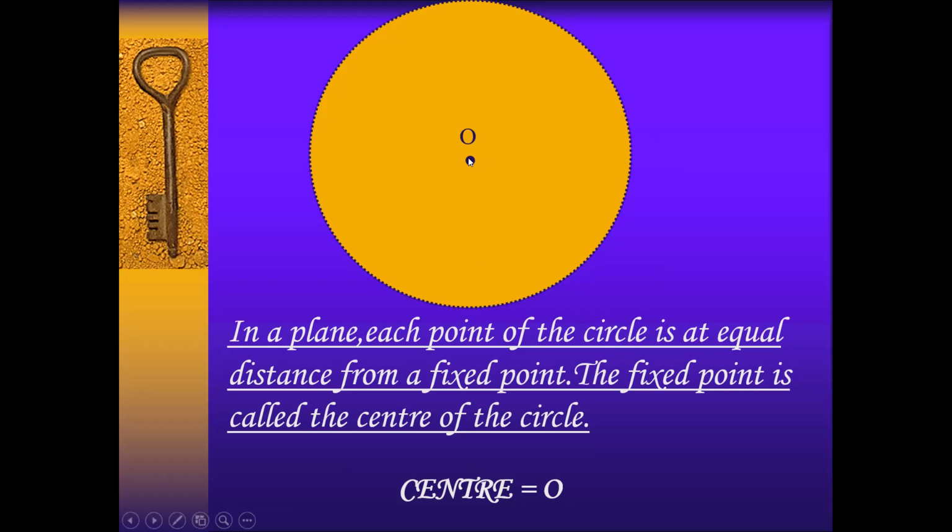The radius means the distance of any point on the boundary of the circle to the center of the circle, and that would be the same for every point on the boundary. That is why we can say that each point of the circle is at equal distance from a fixed point.